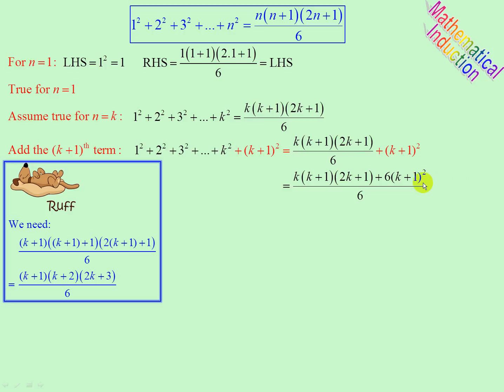There's the common denominator. That over 6 plus 6 times that over 6. Do you notice the common factor? Yes. K plus 1. K plus 1 is a common factor, so we take it out.